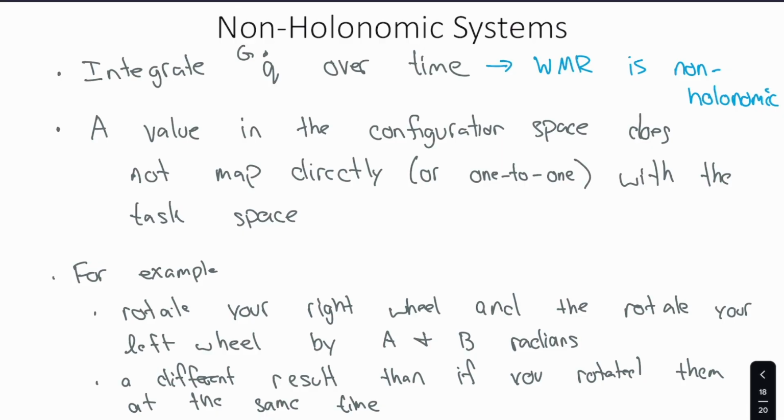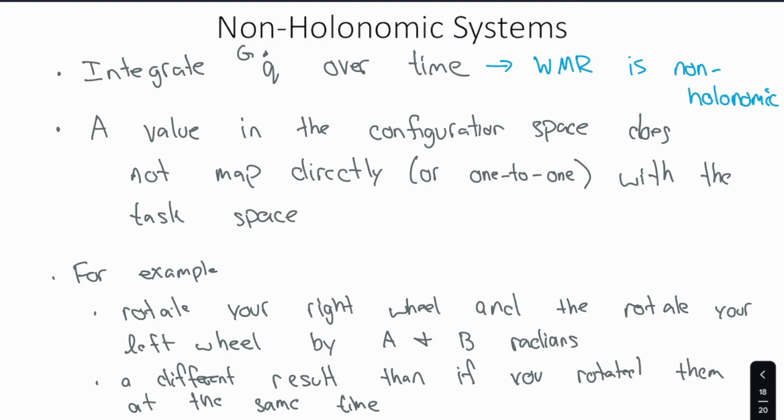So imagine the robot having commands where it goes straight and then turns. Sorry, goes straight and then turns and then goes straight again. You'll end up in a different position if your robot first turns and then goes straight and then, that's actually a bad example, first rotates, turns, and then goes straight again.